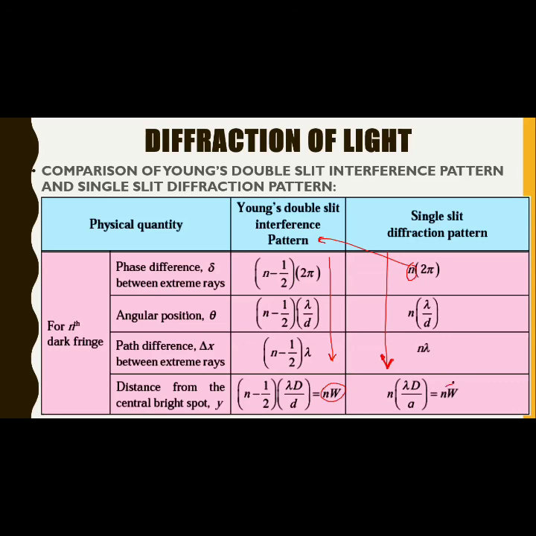So this will be easier for you to remember the formulae. nth dark का diffraction learn करो, nth bright का interference learn करो. इंटरफेरेंस में ब्राइट में ऐड हाफ करके तुम लोगों को डिफ्रैक्शन का मिलेगा, डार्क में डिफ्रैक्शन को माइनस हाफ करके इंटरफेरेंस का मिलेगा. So in this way you will be able to remember all the formulae without any problem.